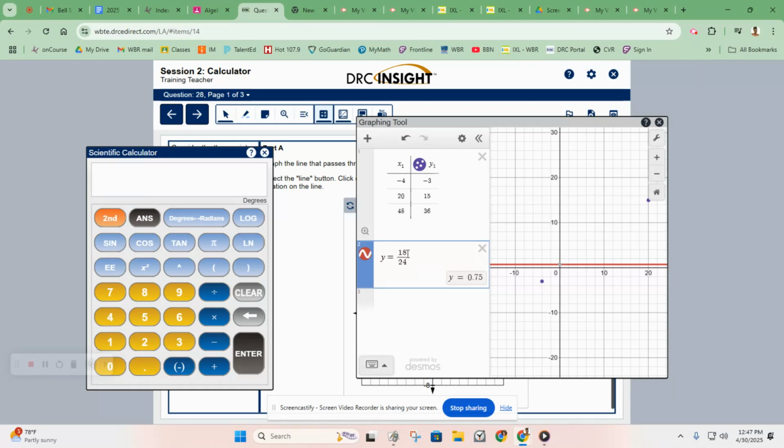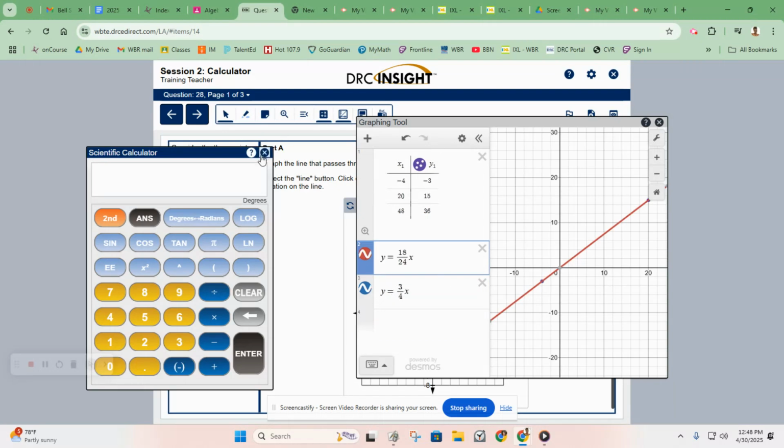If I divided 18 by 3, I would get 6. And if I divided, 6 goes into both, not 3, my bad. If I divided 18 by 6, I would get 3. If I divided 24 by 6, I would get 4. And then I put my little x to make sure that I'm still on the right line. So I do see that my blue line and red line are the same.